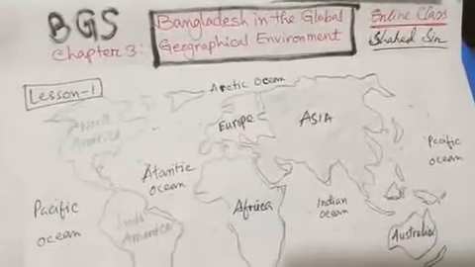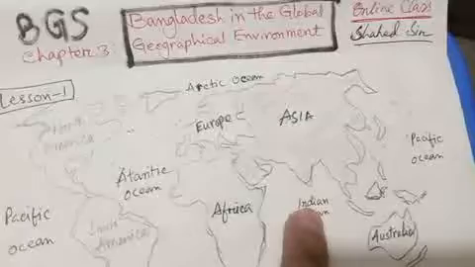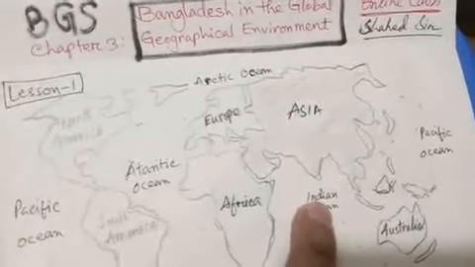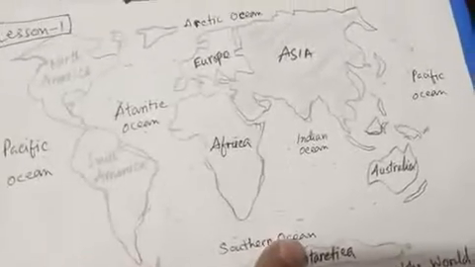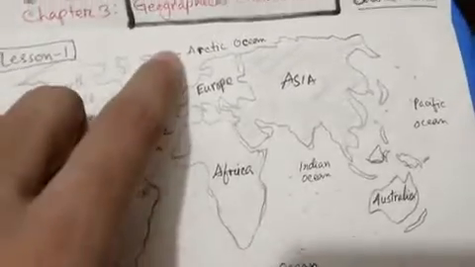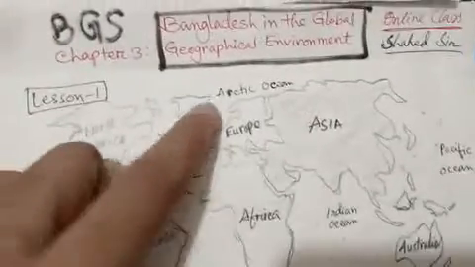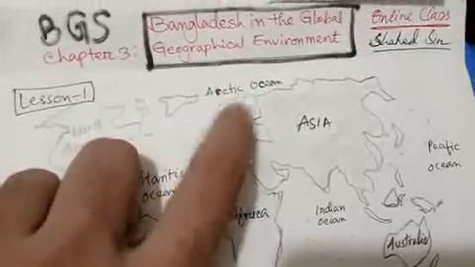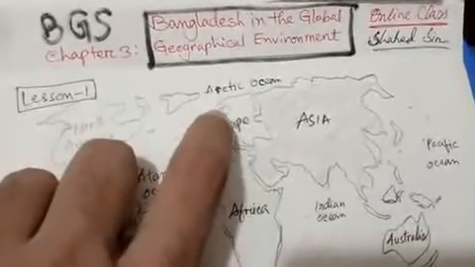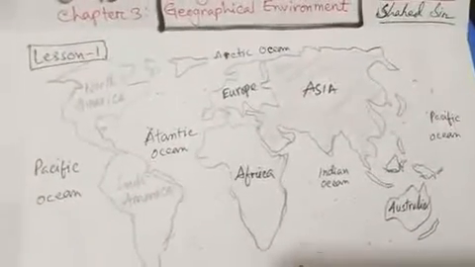The Indian Ocean is here, and the south and the north. The south is definitely over here, the Southern Ocean. In your book it is written north, though its actual name is Arctic Ocean. So this is the North Ocean. These are the 5 oceans.